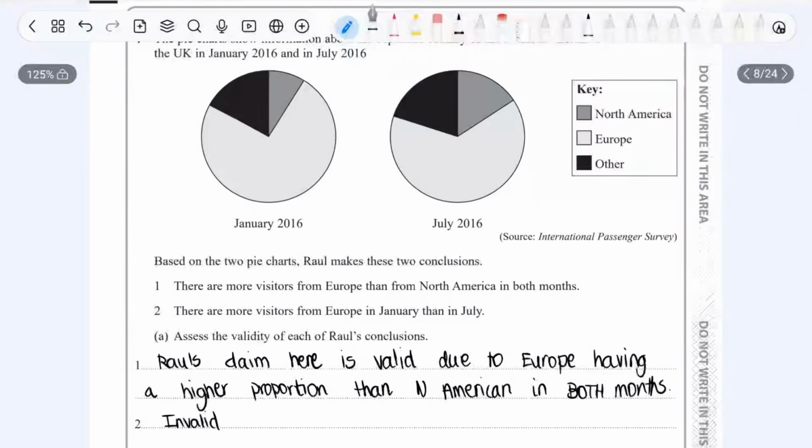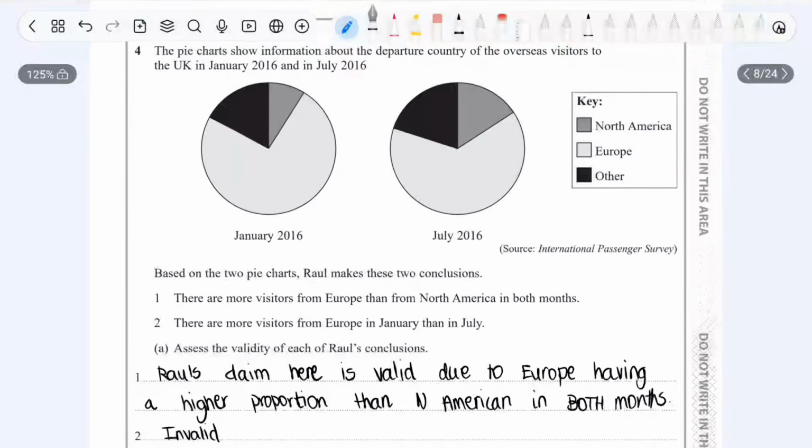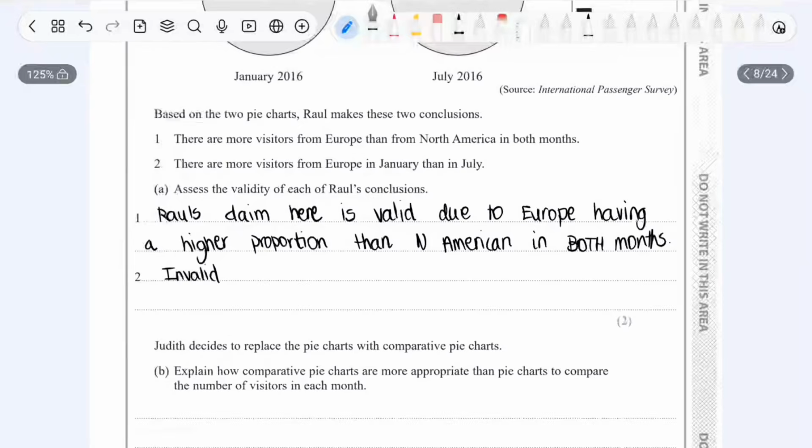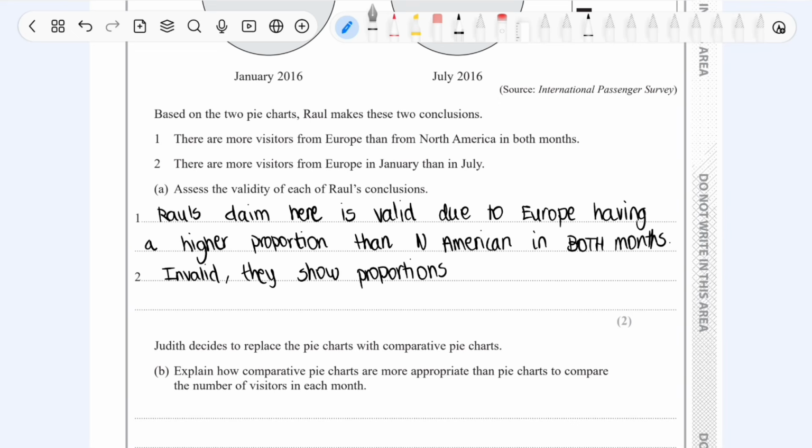However, you can't assume that here, and so we don't know if there were actually more in January than in July. So we'd put invalid, and then literally the answer that I gave is that they show proportions rather than the actual numbers of visitors.